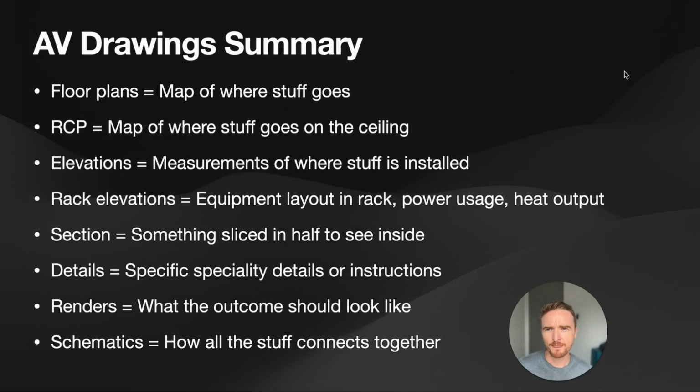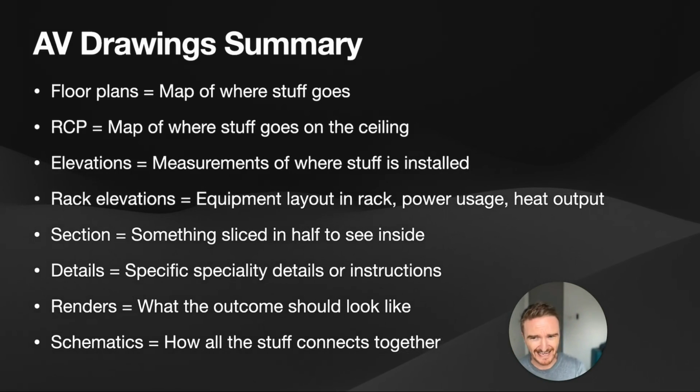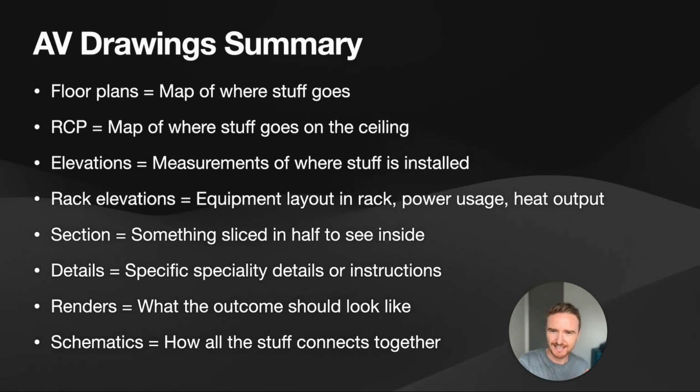So, quick summary. Floor plans give us a map of where all the stuff goes. The RCP is a map of the ceiling, where all the ceiling stuff goes. Elevations give us all of the measurements of exactly where things are installed. The rack elevations show us where the equipment goes in the rack, what the power usage is and the heat output. A section is slicing something in half so we can see inside of it.